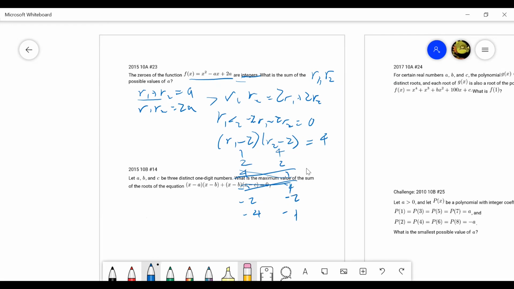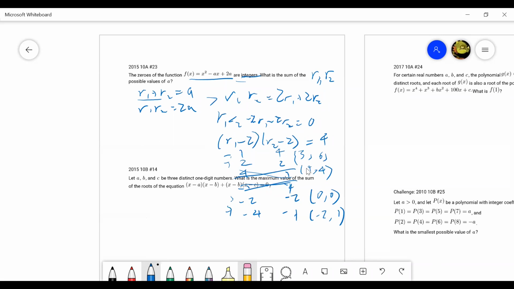All right, now we just consider when they're equal to these values. For 1 and 4, R1 and R2 are going to be 3 and 6. For 2 and 2, they're going to be 4 and 4. For negative 2 and negative 2, they're going to be 0 and 0. And for negative 4 and negative 1, they're going to be negative 2 and 1.